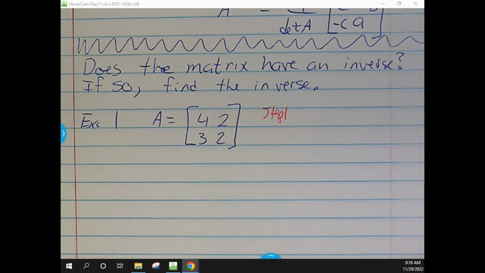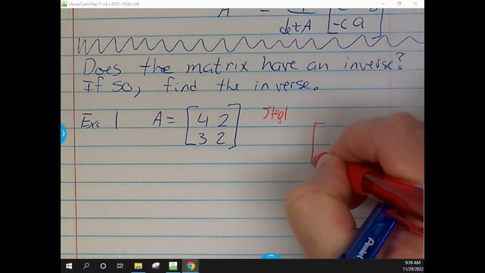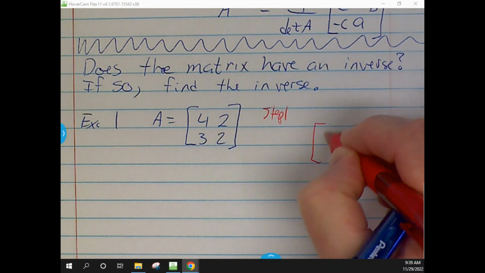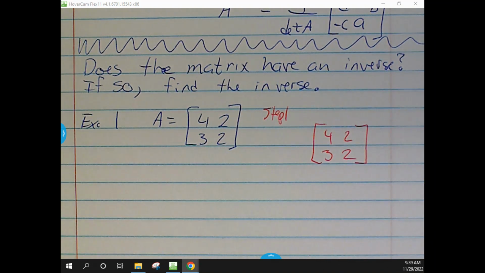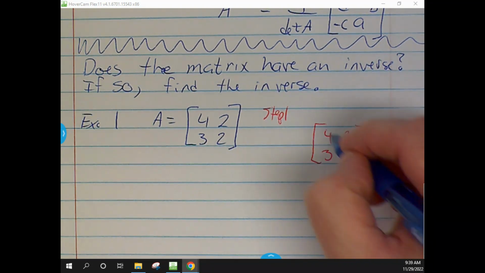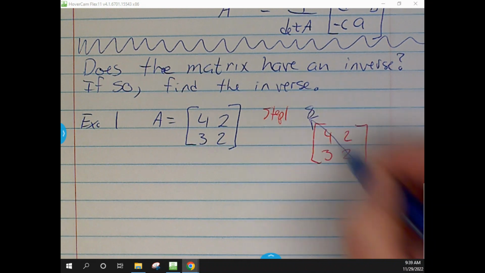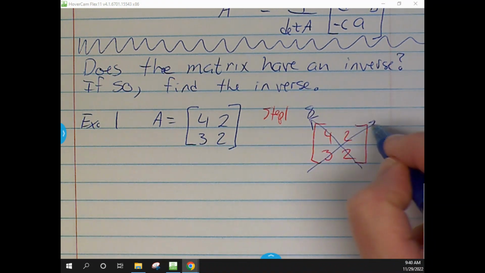So step 1, you're going to take that matrix and do your cross product. So we're going to do 2 times 4, which is 8, minus 2 times 3, which is 6.